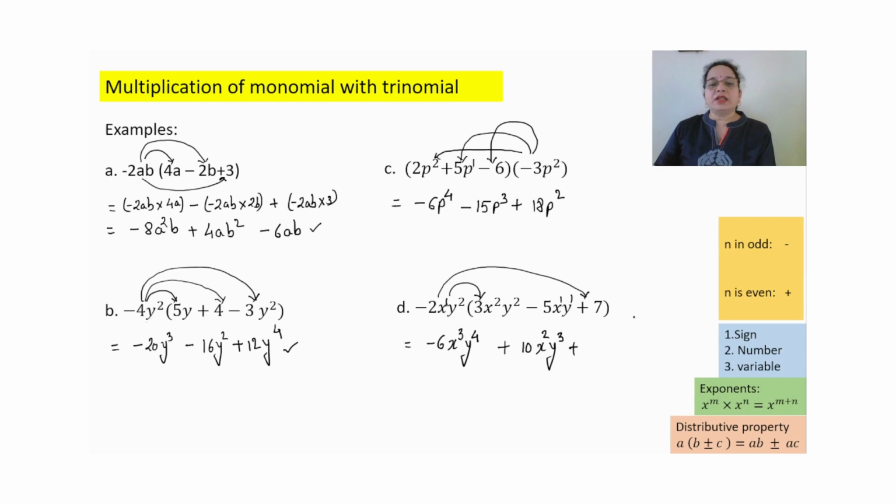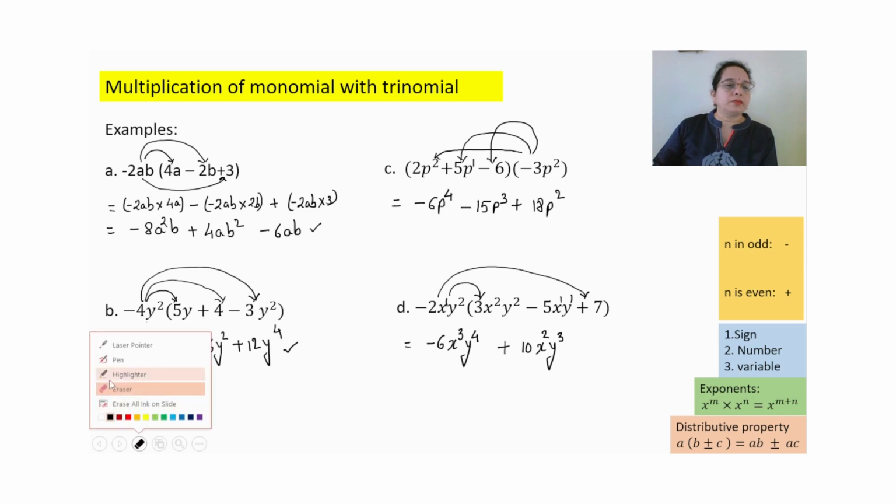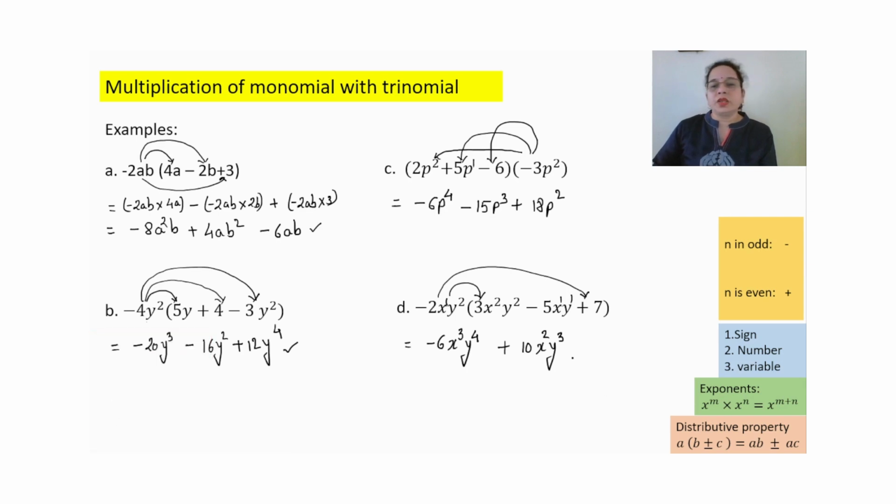This plus will become minus. Just a minute, this should be minus. So now this is minus 7 2s are 14xy. This is the answer.